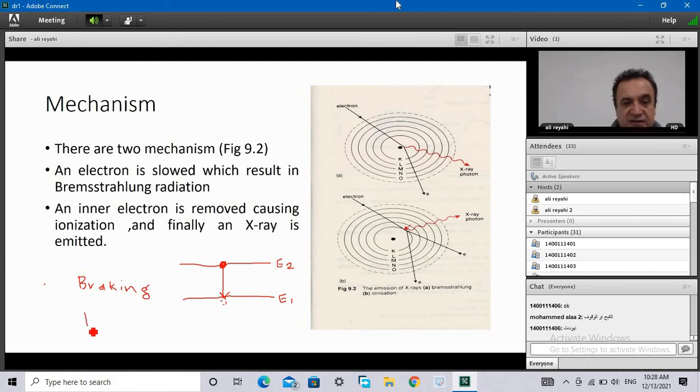The energy of this photon, h nu, will be equal to E2 minus E1. Okay, this is this type of X-ray.